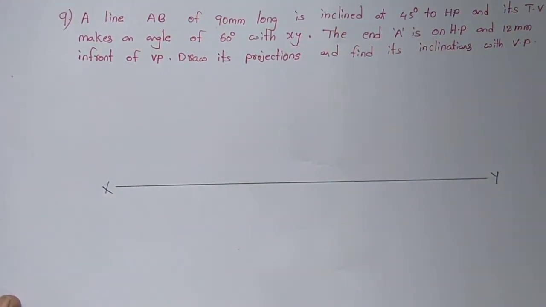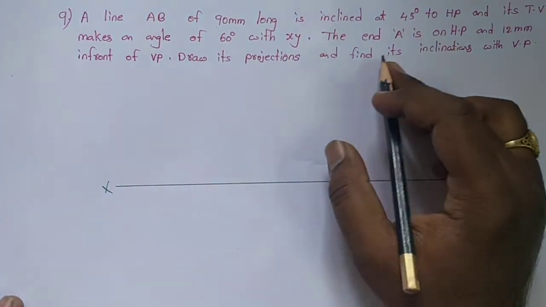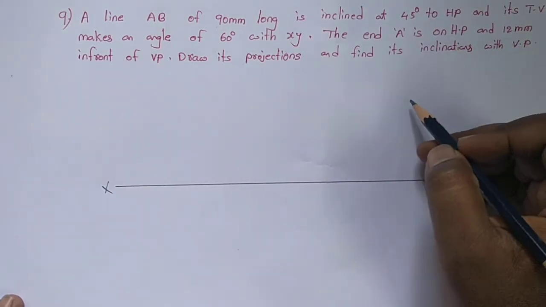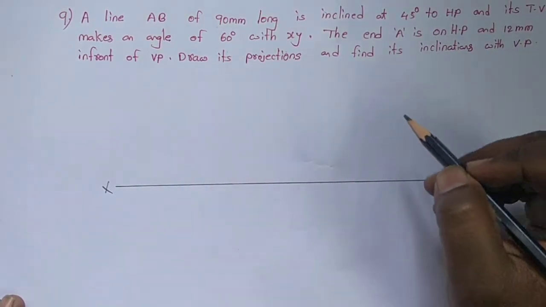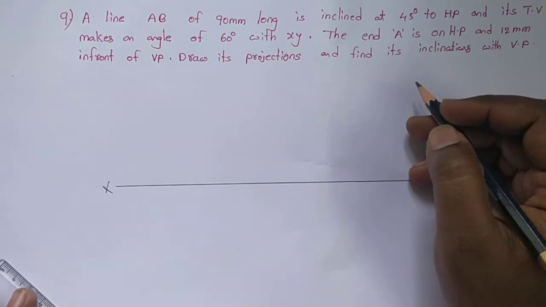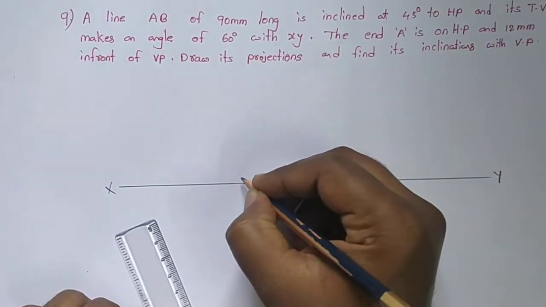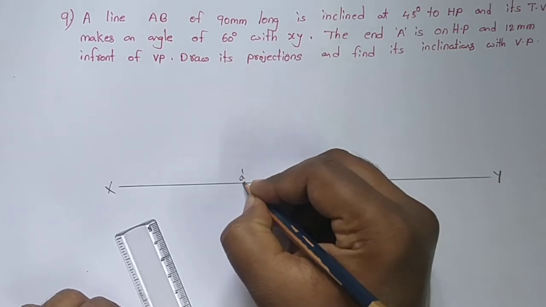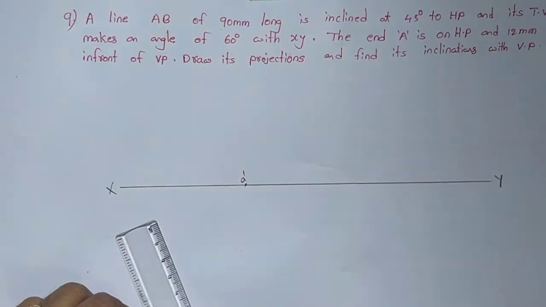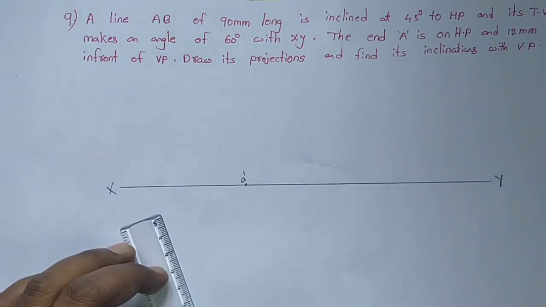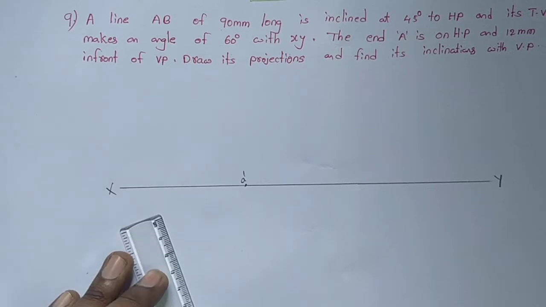Next, we need to locate the point A. The end point A is on HP and 12 mm in front of VP. On HP means the front view is projected on XY line. Okay, it is the A dash, because here the height above HP is 0, so its front view is on XY line.